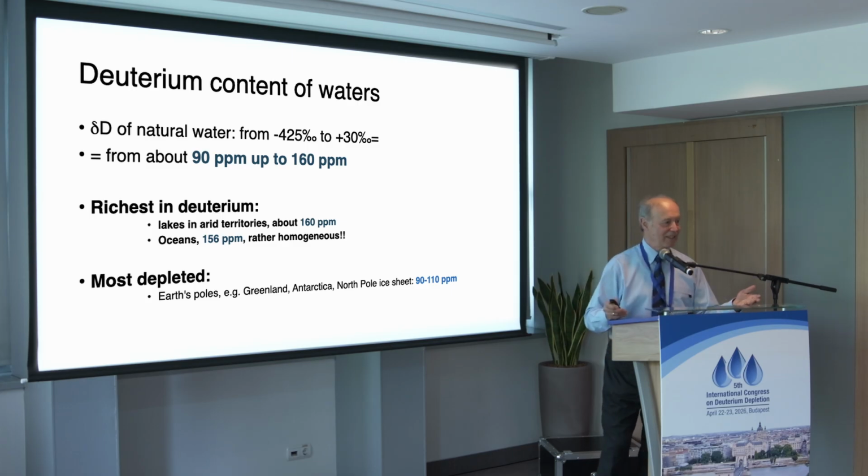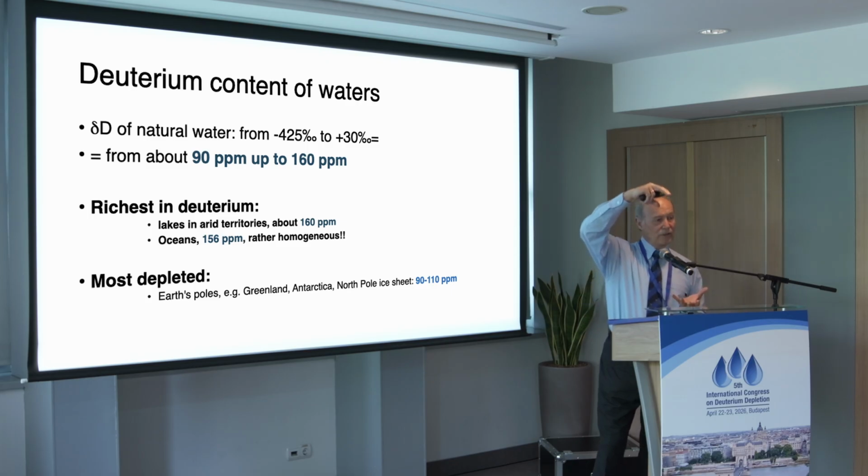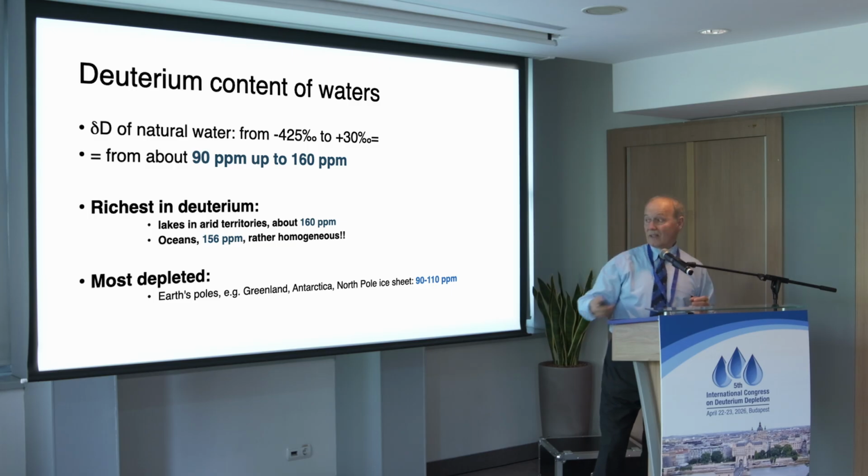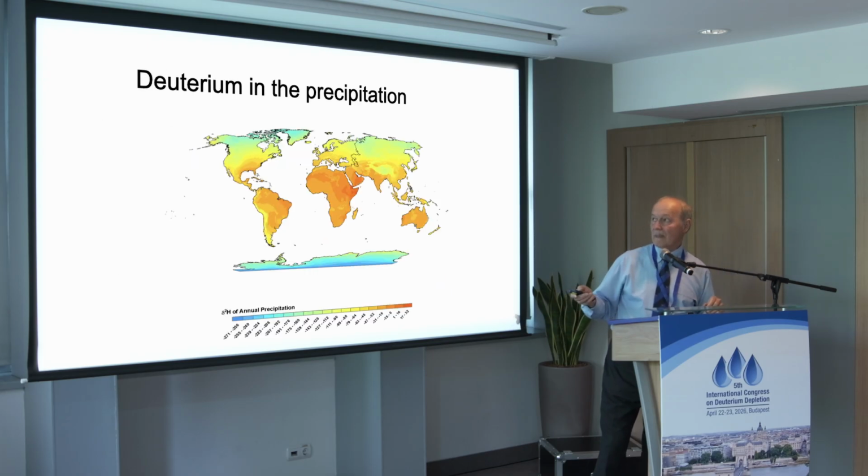Gábor Somlyai sells it as deuterium depleted water. So on the Earth's poles, where the temperature is the lowest, you can find the most deuterium depleted water in ice. Of course, it is true for high elevation mountains as well. I will show you later on.